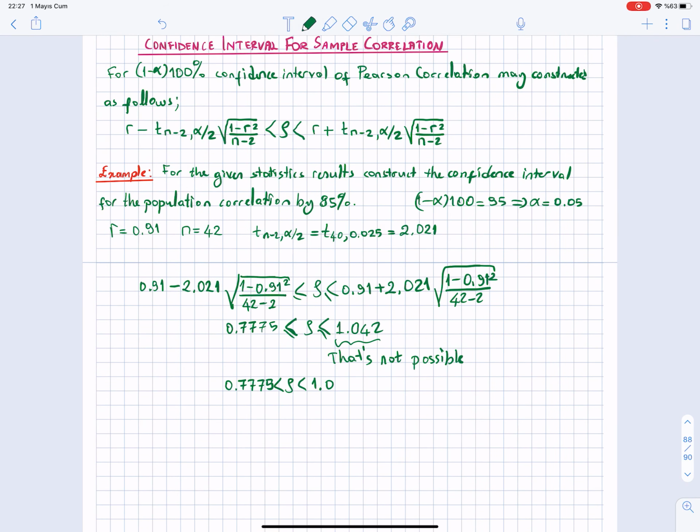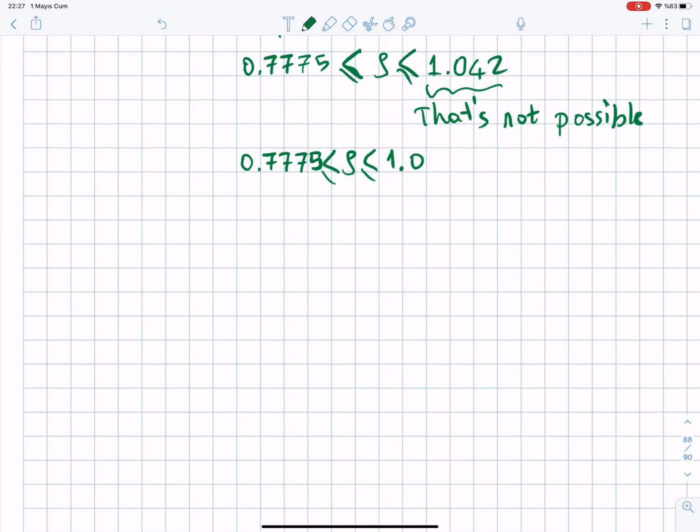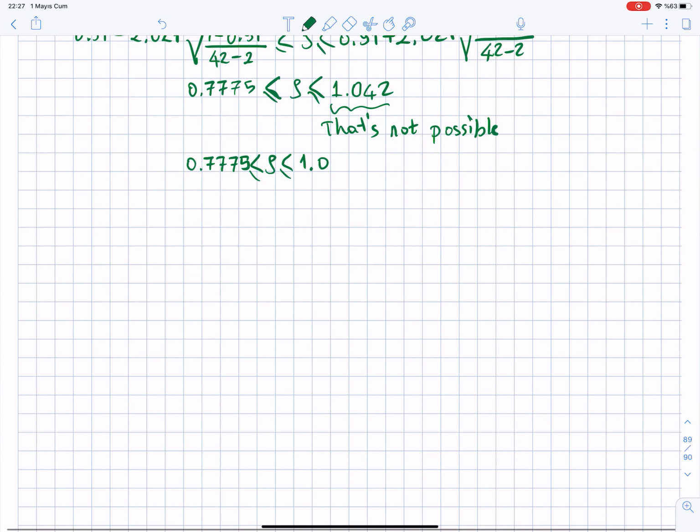I'm going to have an equality because the Pearson correlation can get the value 1 and can get the value minus 1. If you are given a confidence interval and also given a double-sided hypothesis, you can easily use this type of confidence interval to test such a hypothesis.